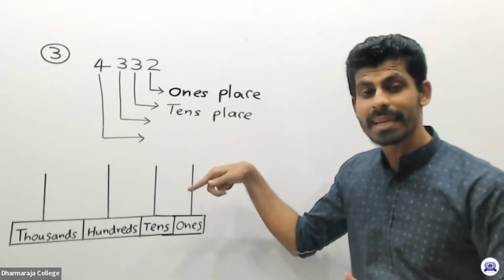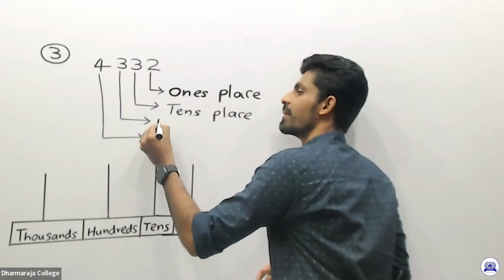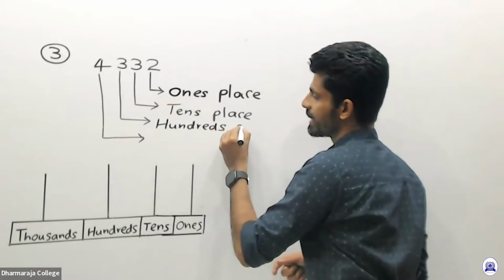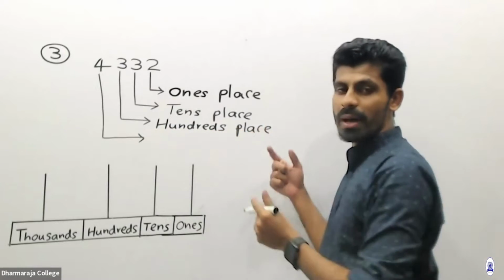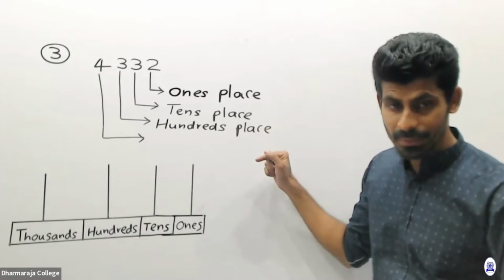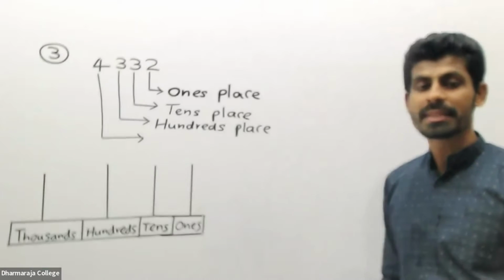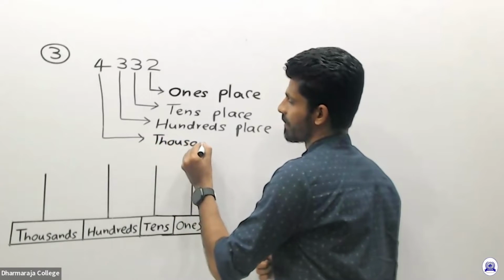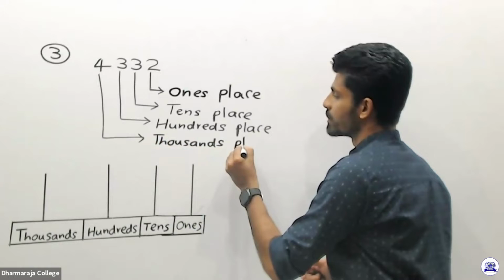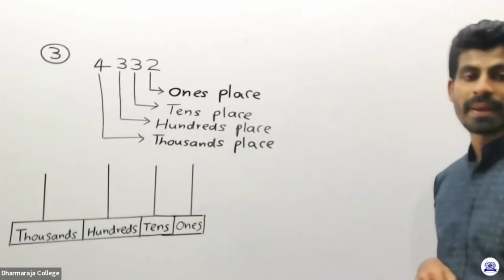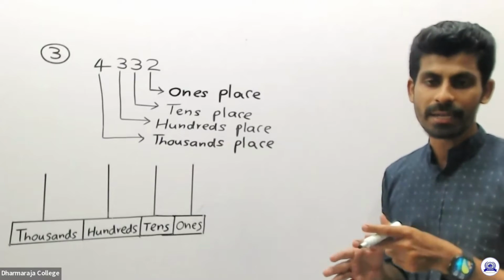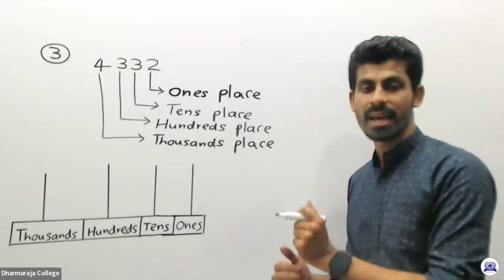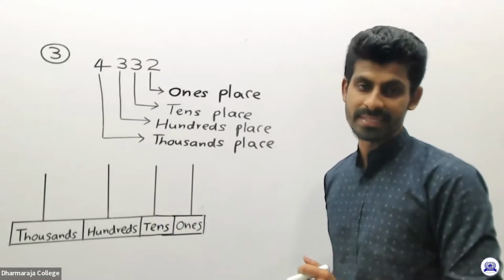Ones, tens, what is the next? Hundreds. The next one, thousands place. Ones place, tens place, hundreds place, and thousands place.